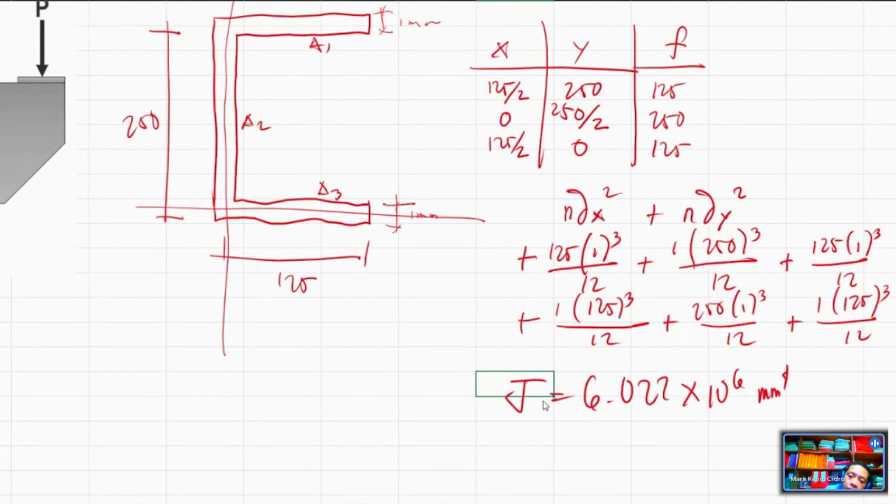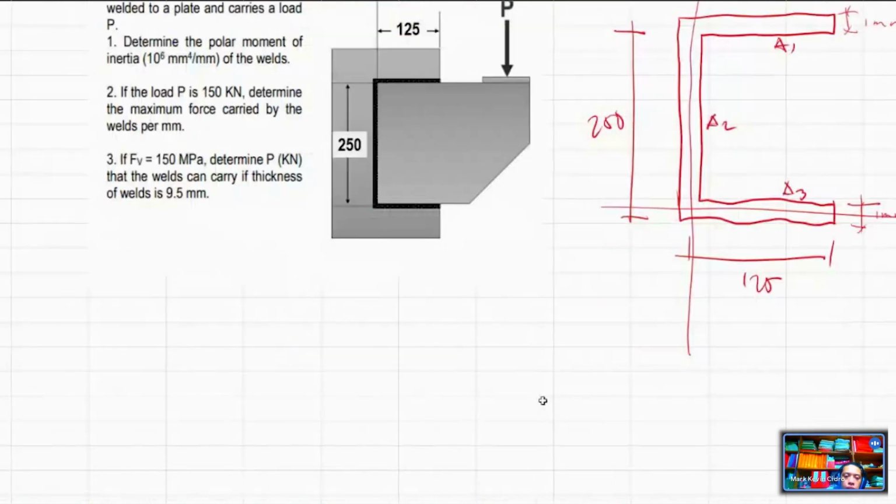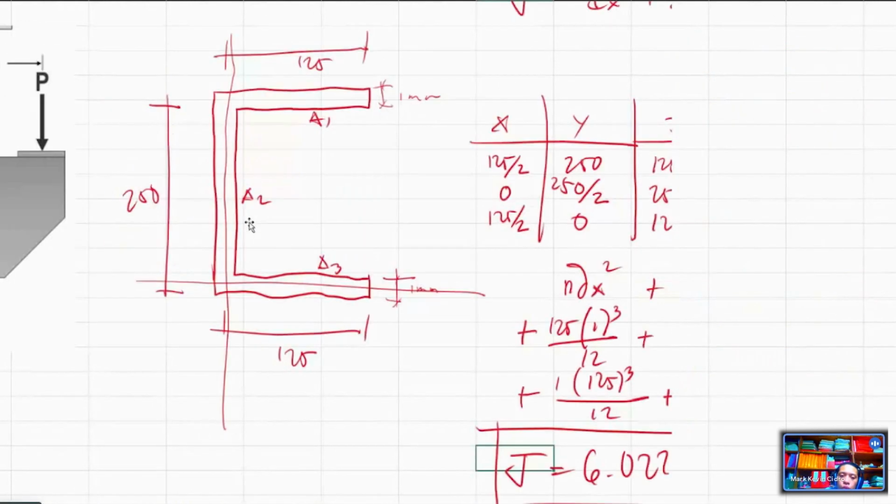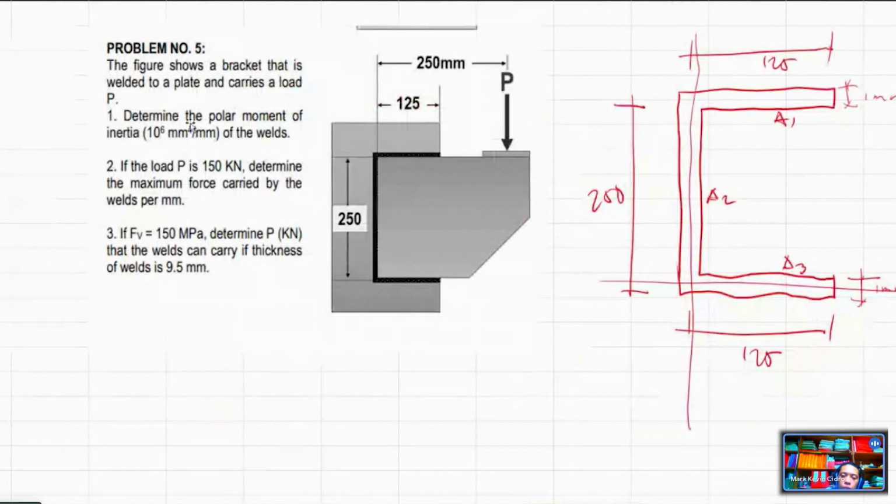Okay, mm raised to 4. But since we assumed a 1 mm width, this is per mm. So this is the answer: the polar moment of inertia in terms of mm raised to 4 per mm.